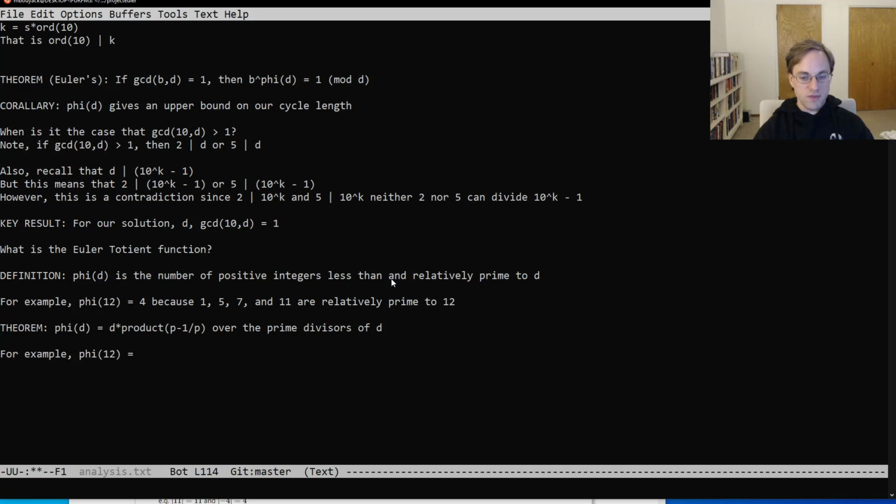You'll note that 12 is divisible by 2 and 3. Those are its only prime divisors. And so this is going to be equal to 12 times 1/2 times 2/3, which is equal to 4. Much easier than having to list out these integers here.